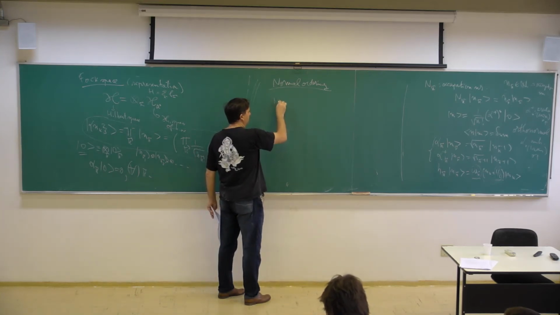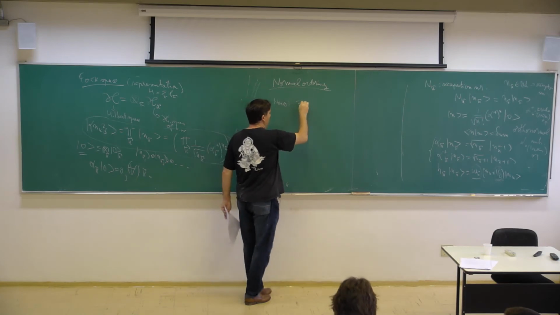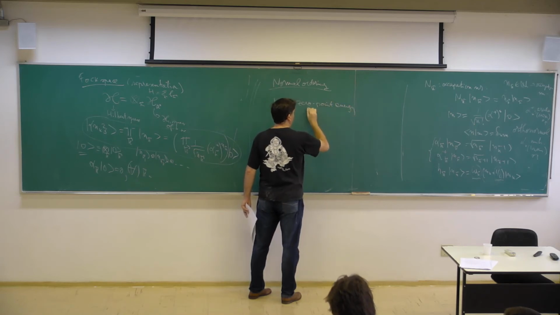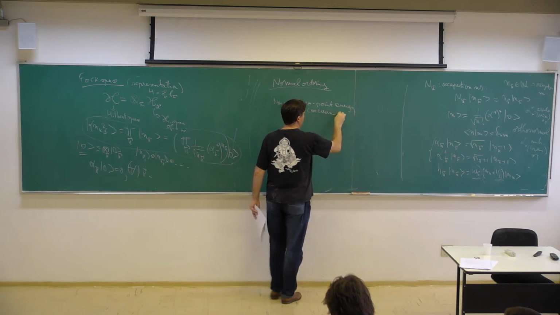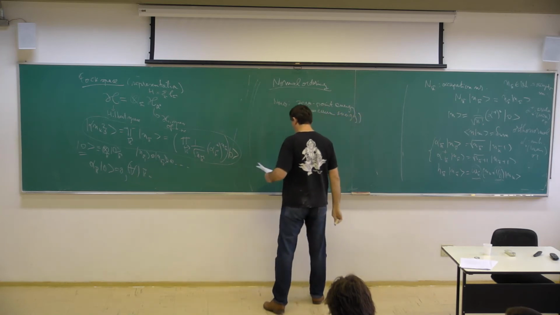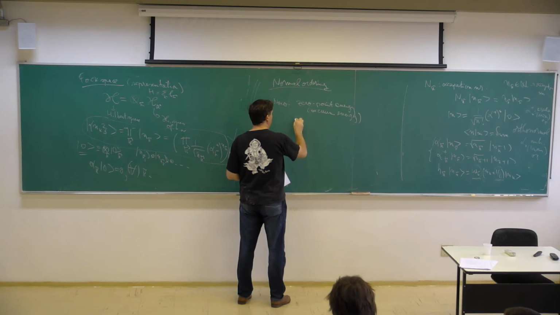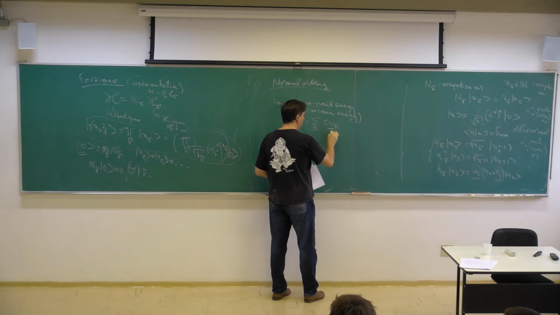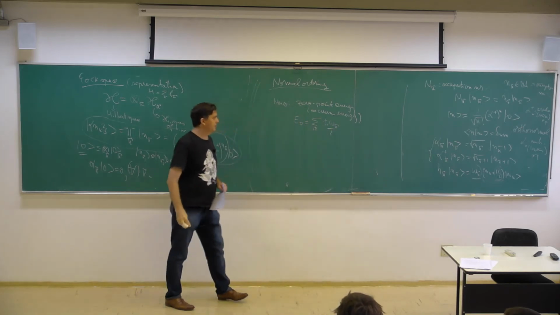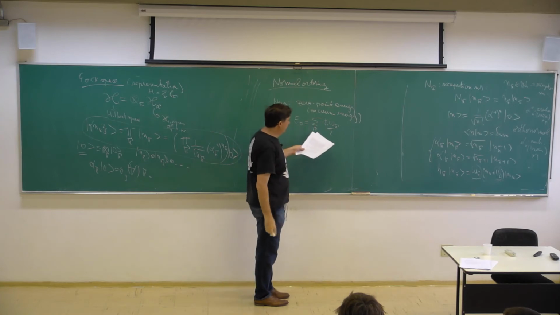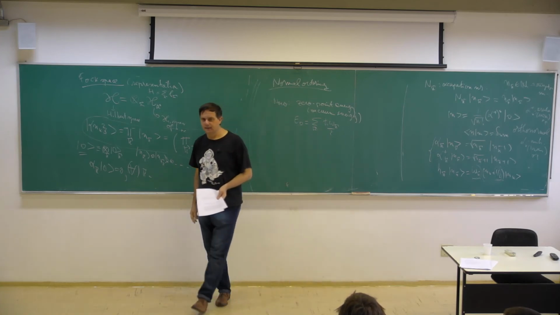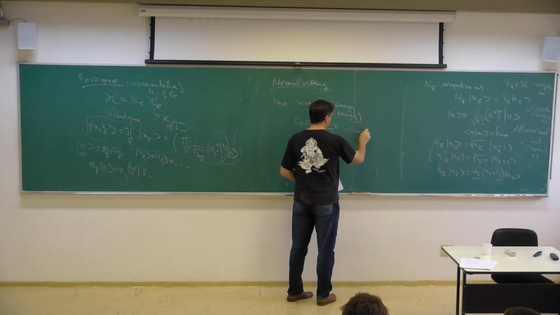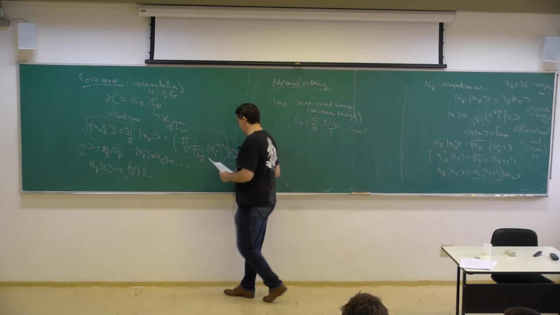So now we have the zero-point energy, or vacuum energy, which is now the sum over k of this ħω_k over 2, right? Sum over all the k's. But remember that the k's are countable. There's an infinite number of them. So this, first of all, diverges.